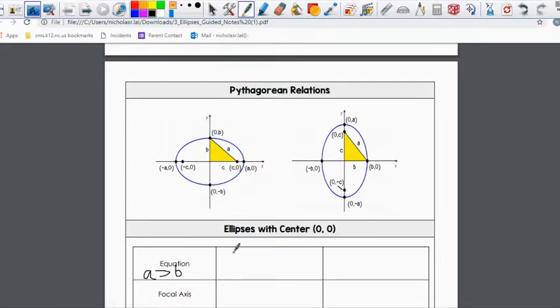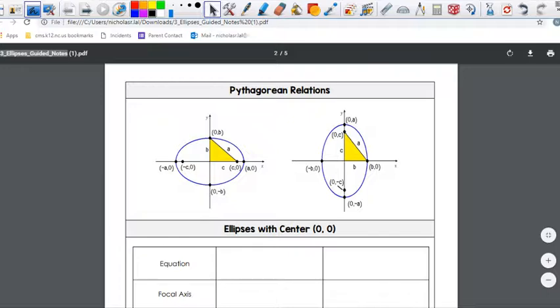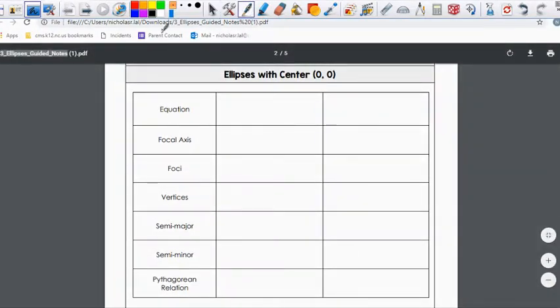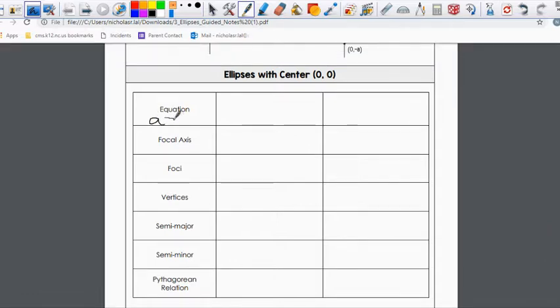We have an ellipse with center 0, 0. Let's go to our equation. When A is greater than B, our ellipse has the following property: x squared over a squared plus y squared over b squared is going to be equal to 1.